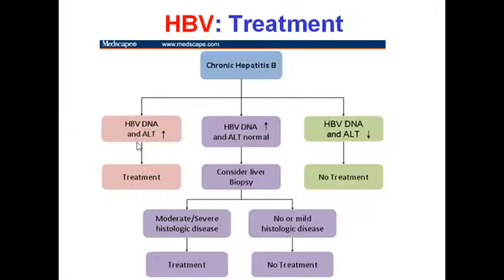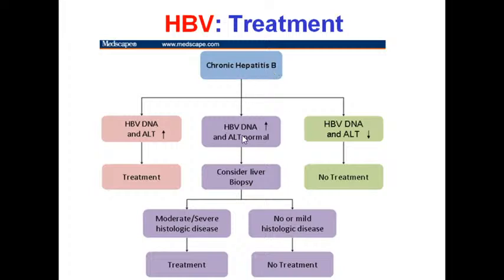So now what do we know about the treatment? Take a look at it. We have three possibilities. Acute hepatitis caused by hepatitis B virus does not need to be treated; only chronic hepatitis needs to be treated.